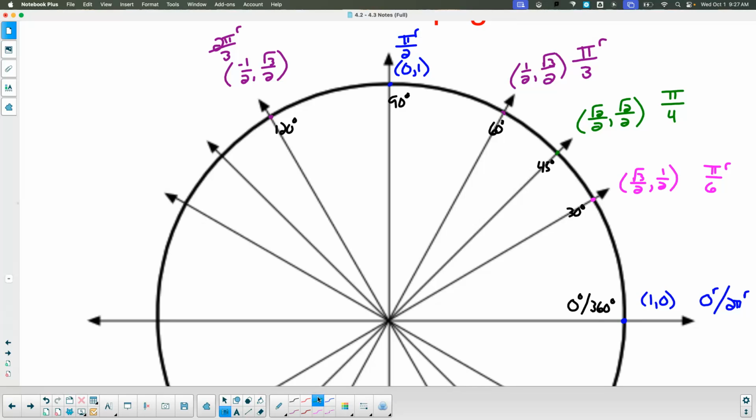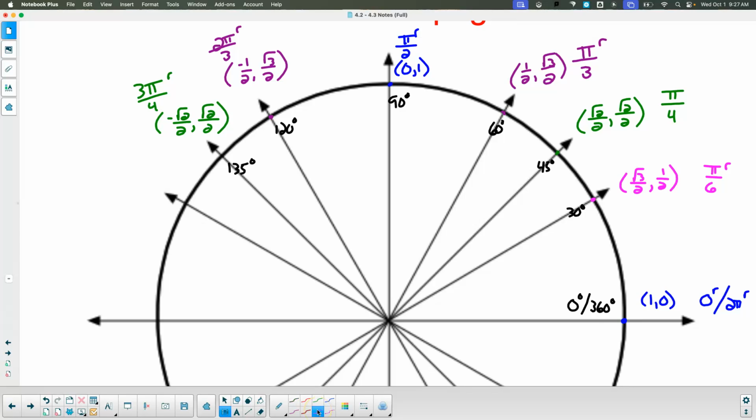This one would be negative square root 2 over 2, comma, square root 2 over 2, or 3 pi over 4, or 135.